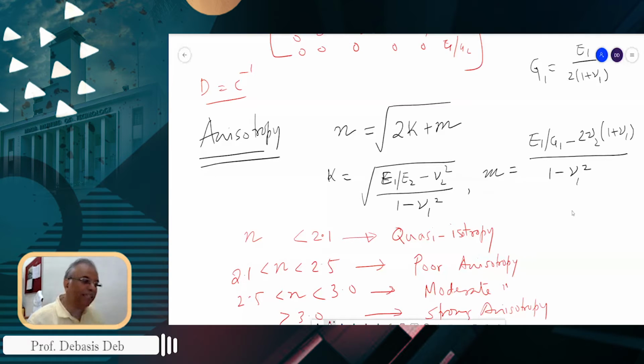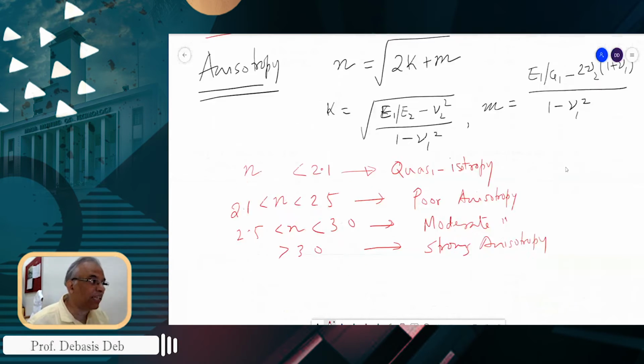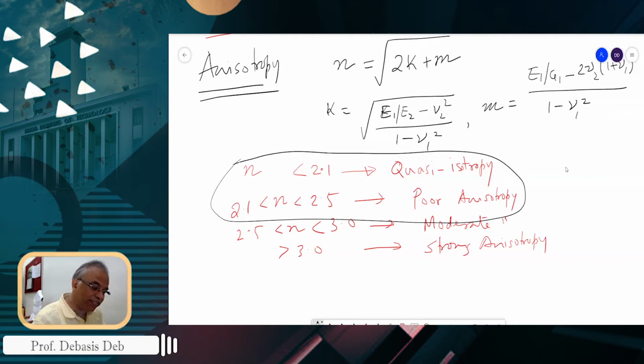And then he has given this classification, and it says that below 2.1 is basically quasi-isotropy. So if we have testing data, E1, mu1 and E2, mu2, we can quickly put them in the n equation and find out within which n value range it falls.